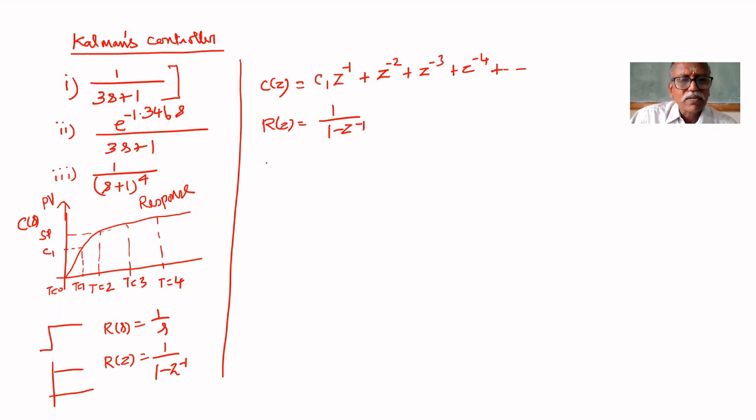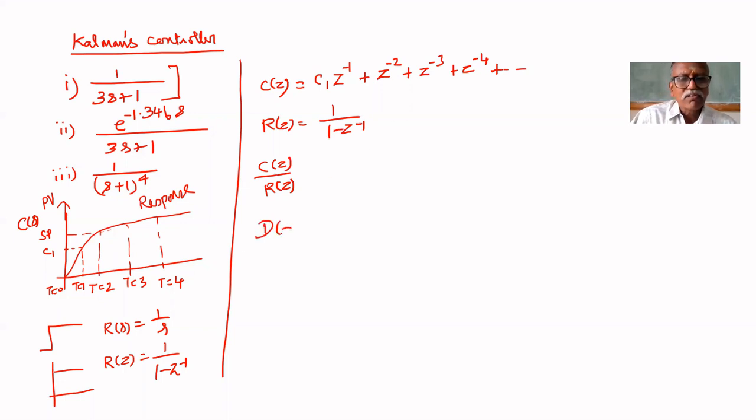What is the closed loop transfer function? That is C of Z upon R of Z. That is required to find D of Z, because D of Z equal to 1 by HGP of Z, the numerator C of Z upon R of Z divided by 1 minus C of Z upon R of Z. That is the formula that we know.